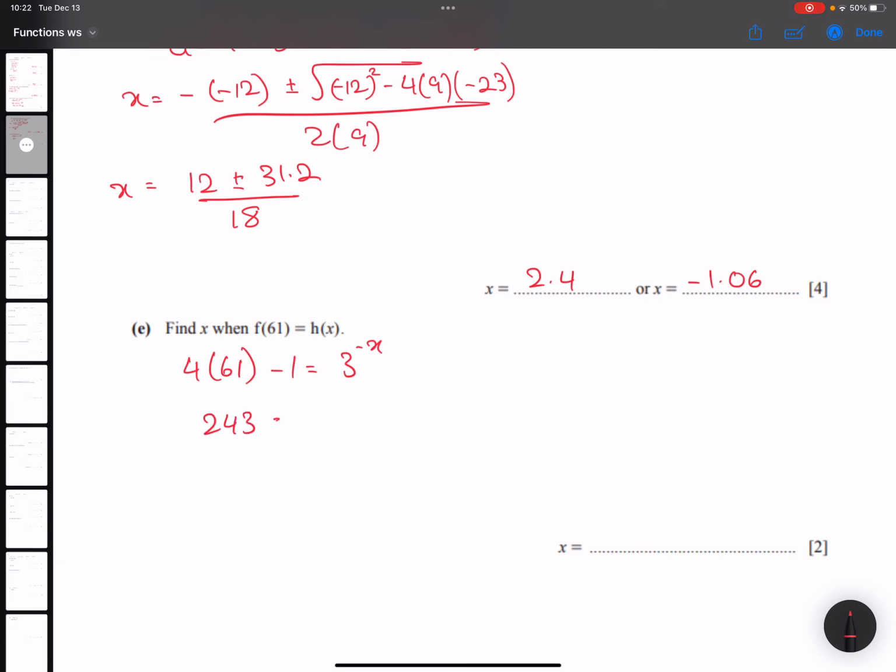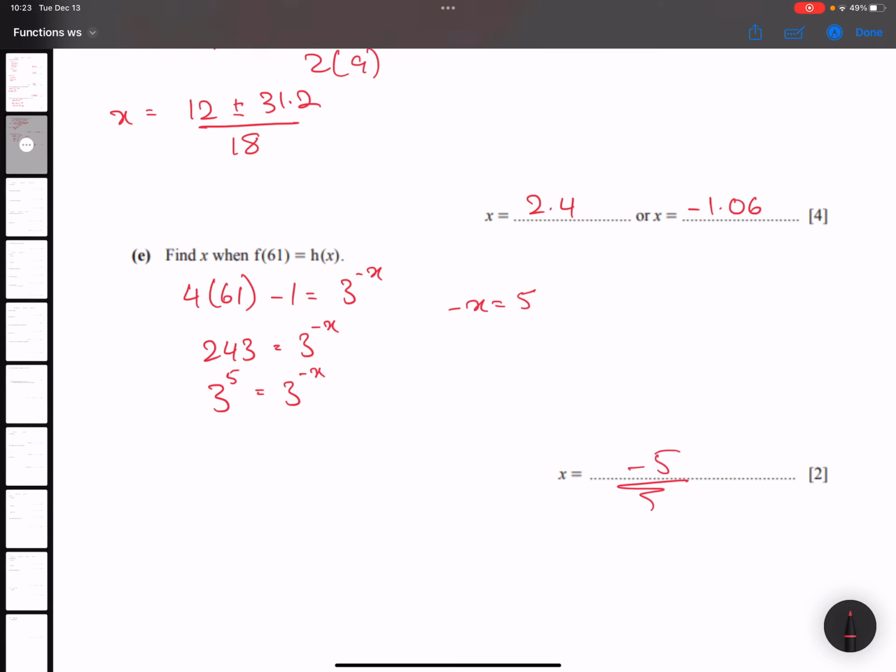So 243 is 3 to the negative x. 243 is 3 to the power of 5, I believe, so 3 to the power of 5 is 3 to the power of negative x. So negative x equals 5 and x is equal to minus 5.